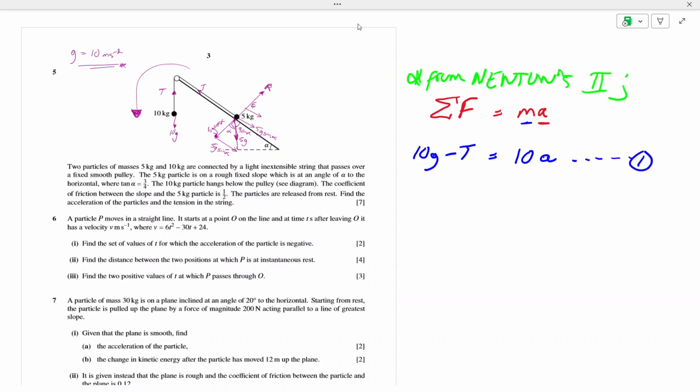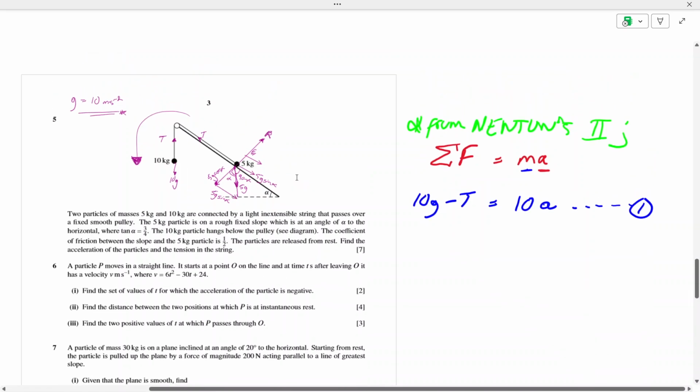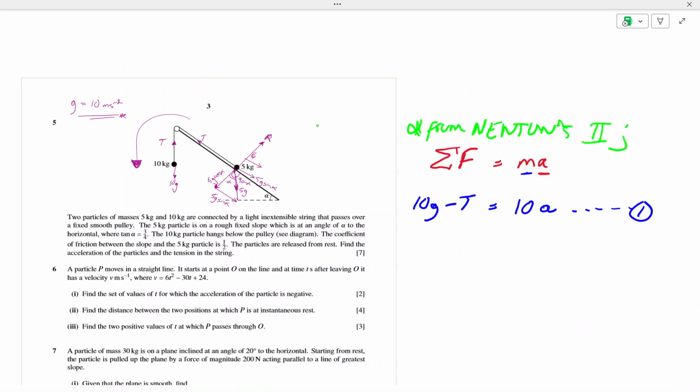Then same applies for the second particle, right? The second particle, this is what I have. I have the particle itself, and we have a frictional force acting in that direction, which is given by mu R, right?